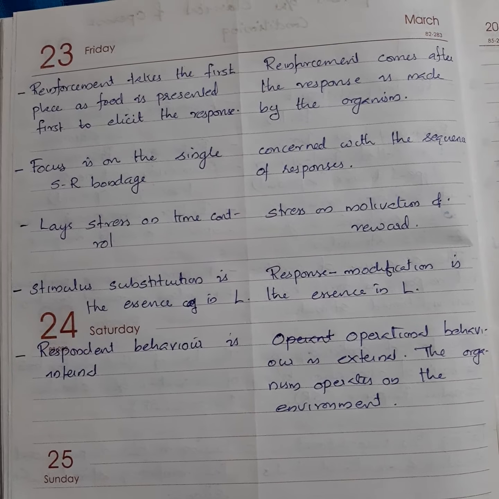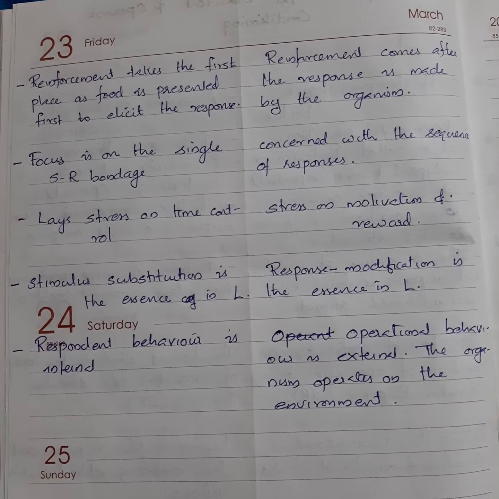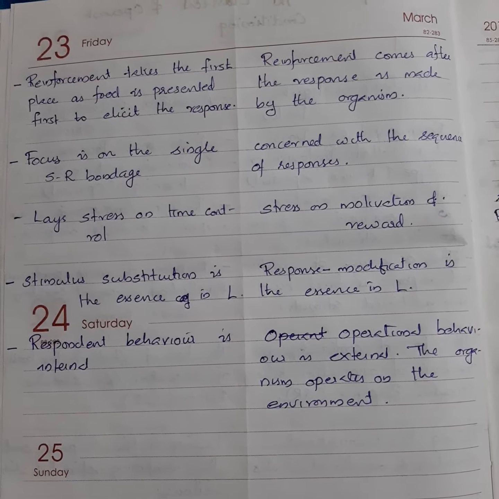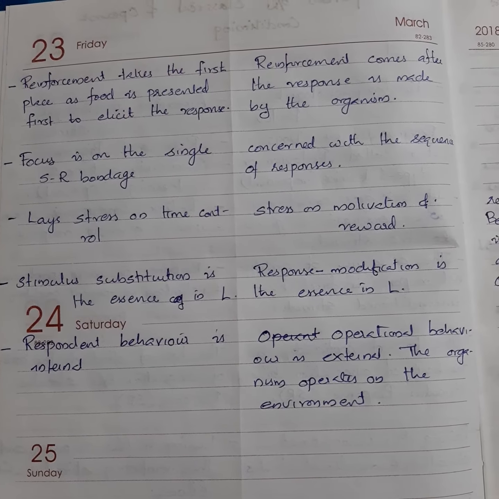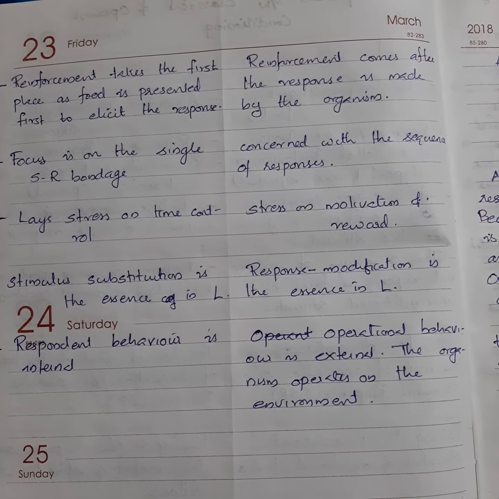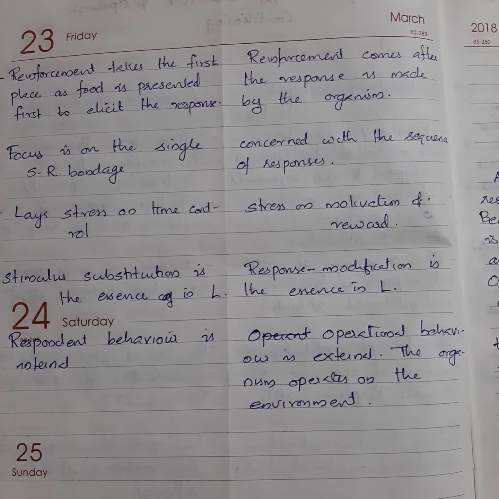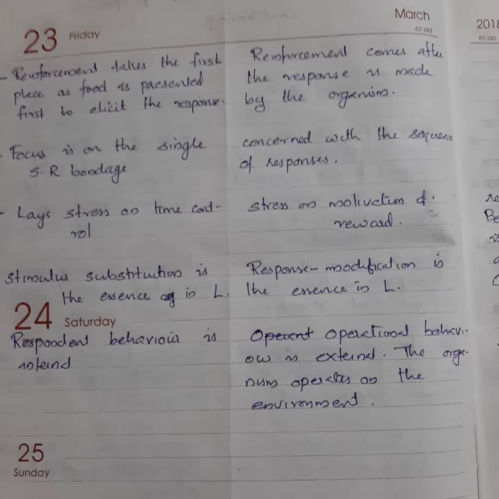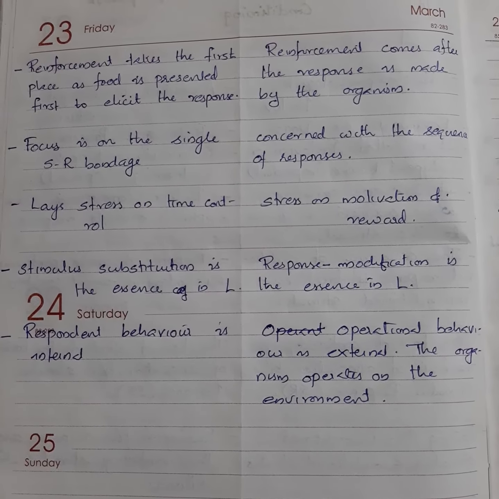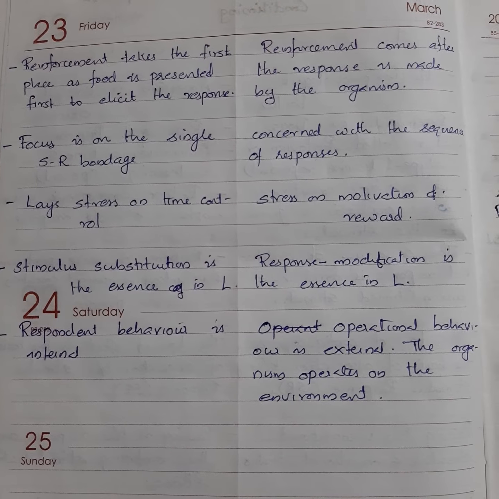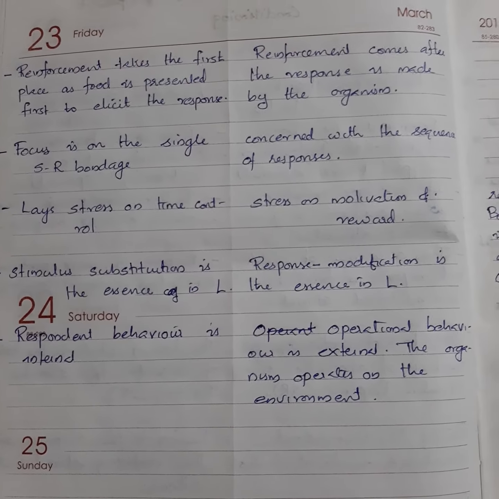In classical conditioning, respondent behavior is considered an internal process, whereas in operant conditioning, operant behavior is an external process. The organism operates on the environment. This is the comparative study between classical conditioning and operant conditioning.